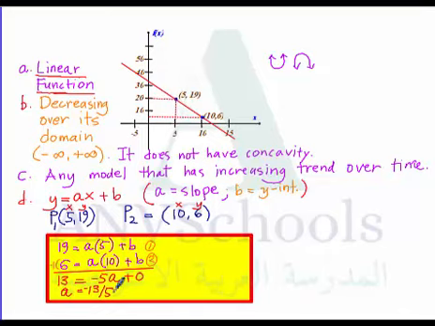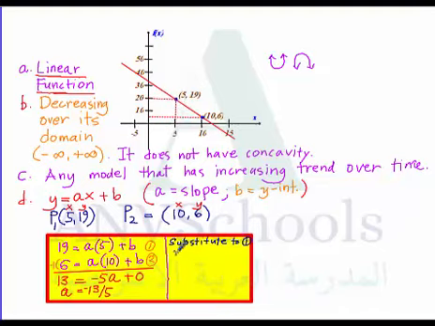Okay? Now, how do we solve for the B? I have my A, so I will just substitute my A to any of the two equations given. So I will substitute it to the first equation.